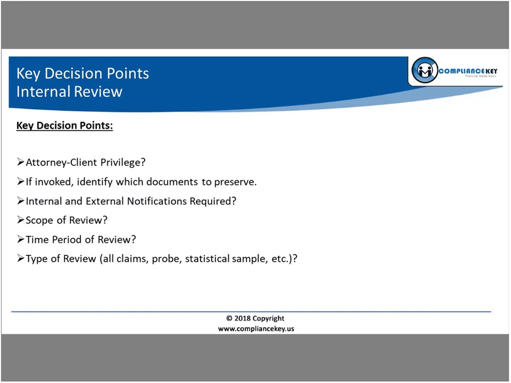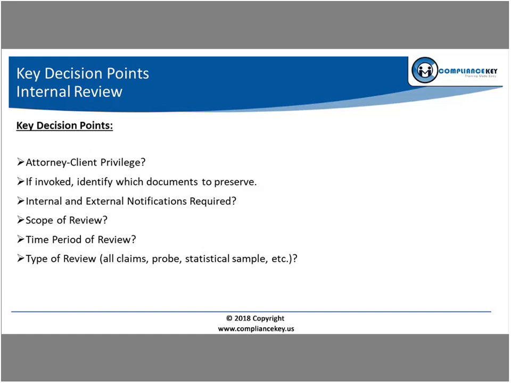So the first thing, from a key decision point standpoint, is whether or not to invoke the attorney-client privilege. Generally speaking, it can protect communications from discovery and litigation, but there are also some restrictions around that privilege, such as, it has to be in the anticipation of potential litigation, and it's really only limited to those immediate folks that are involved in the issue.